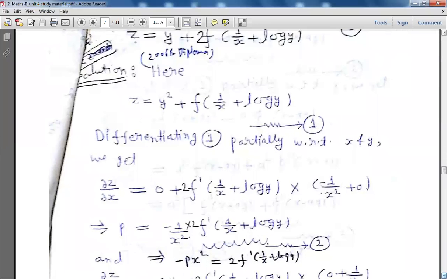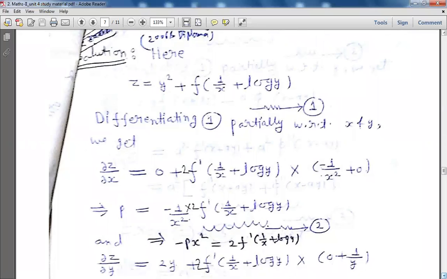Differentiating 1 partially with respect to x and y, we get del z by del x equal to, first term is 0 because it is constant, plus partial differentiation with respect to x. The result is f dash of 1 upon x plus log of y, and 1 upon x plus log of y partially differentiated with respect to x.